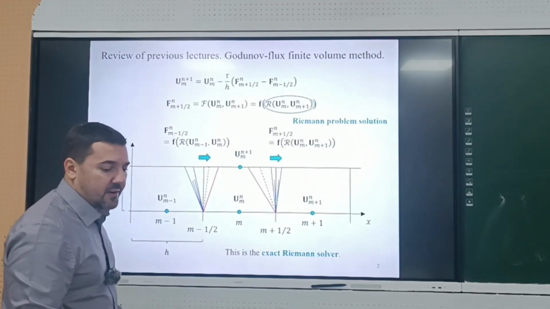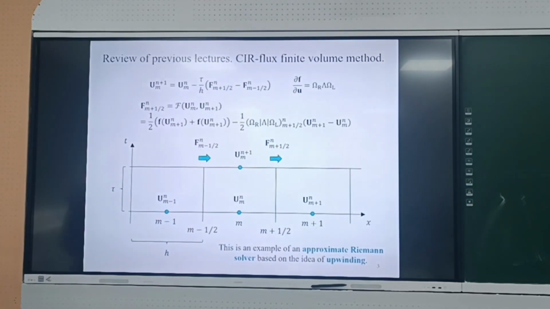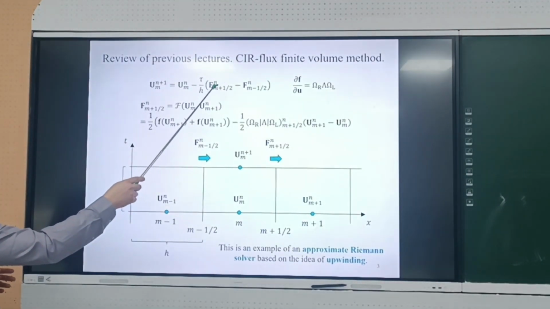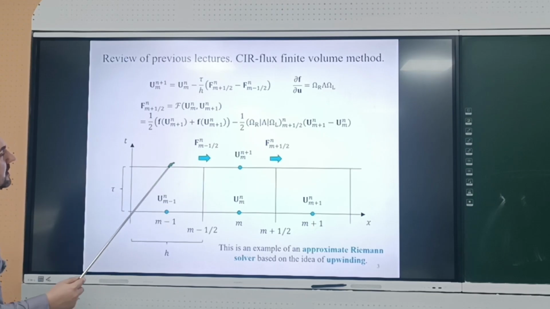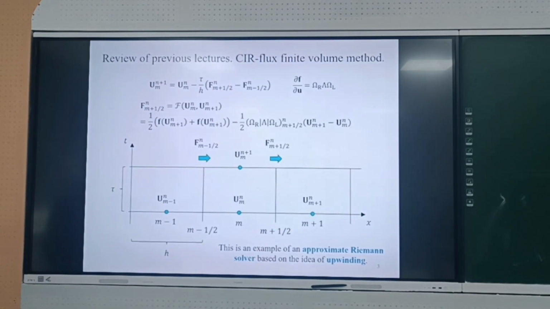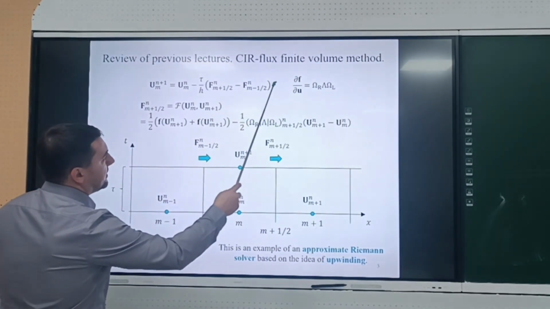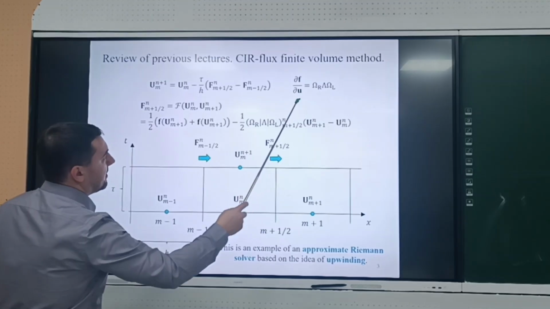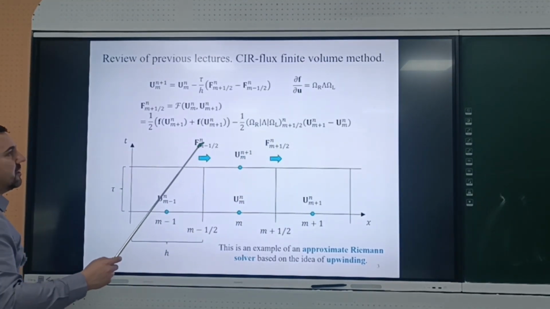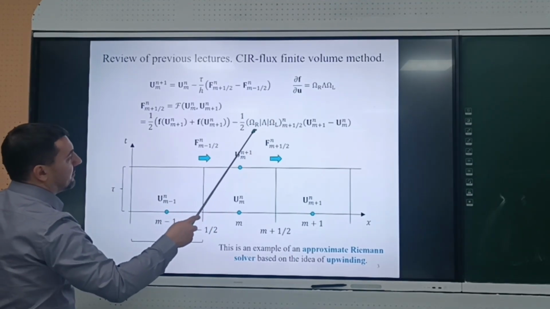And we discussed that there are a number of approximate Riemann solvers. For example, one is the Courant-Isaacson-Rees flux, or Courant-Isaacson-Rees scheme, CIR. It is based on the analysis of the Jacobian matrix, Omega R, Lambda, Omega L. The idea is that it should be diagonalized, and then we should work with the mod Lambda matrix.